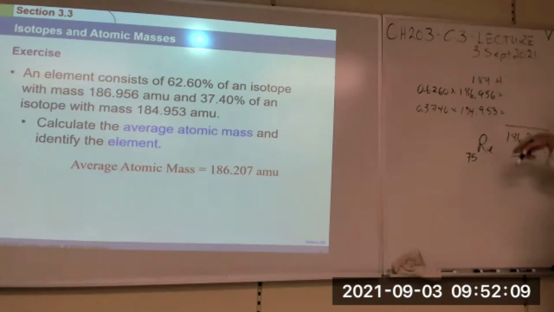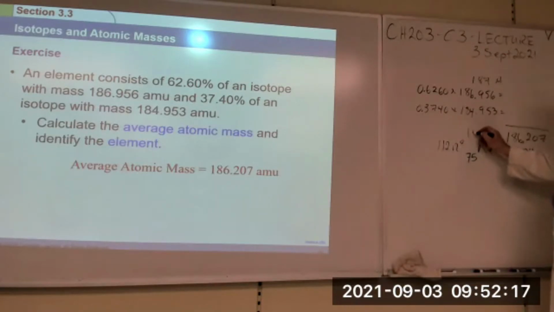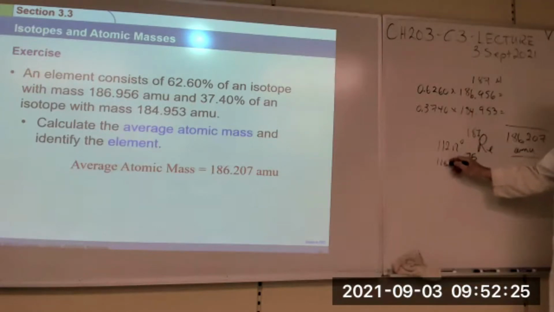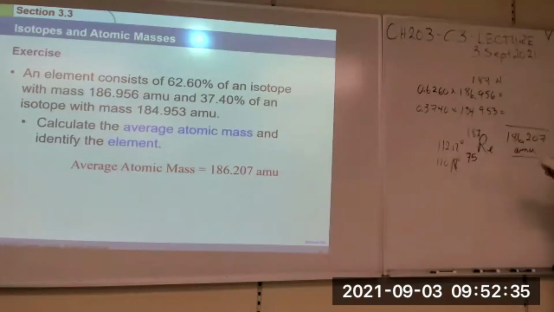So 75 from 187 is 112 neutrons. What about this one? It's probably 185 is its mass number. So it would be 2 less, 110 neutrons. Okay. So you can make some intelligent guesses with this information too.